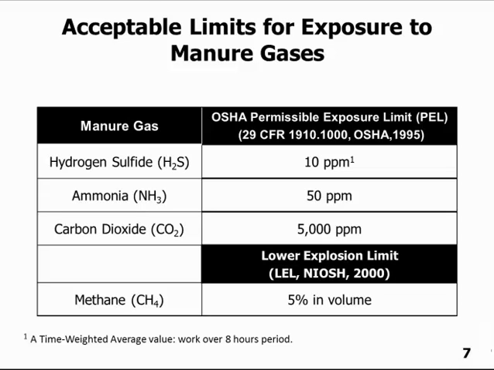Ammonia, the OSHA PEL or limit for long-term exposure is 50 parts per million. And interestingly enough here, OSHA has just recently recommended that this probably would be better, that it should be not higher than 35 parts per million. Carbon dioxide, 5,000 parts per million. And for methane, the lower explosive limit is 5% by volume, or 5,000 parts per million.